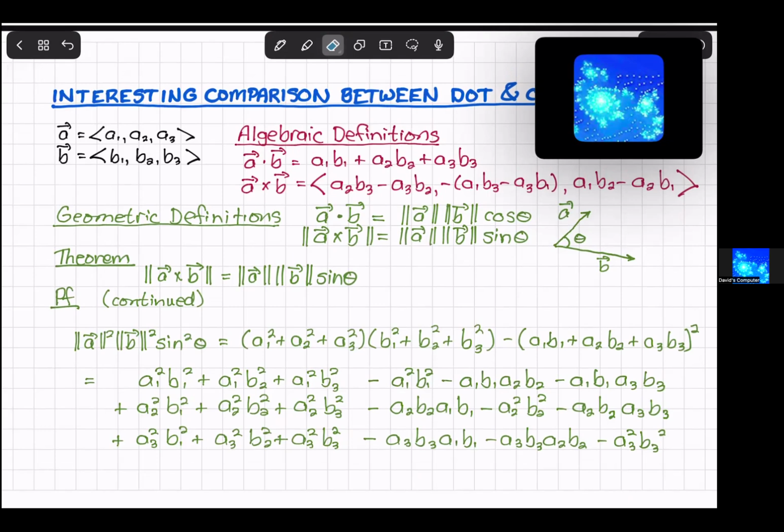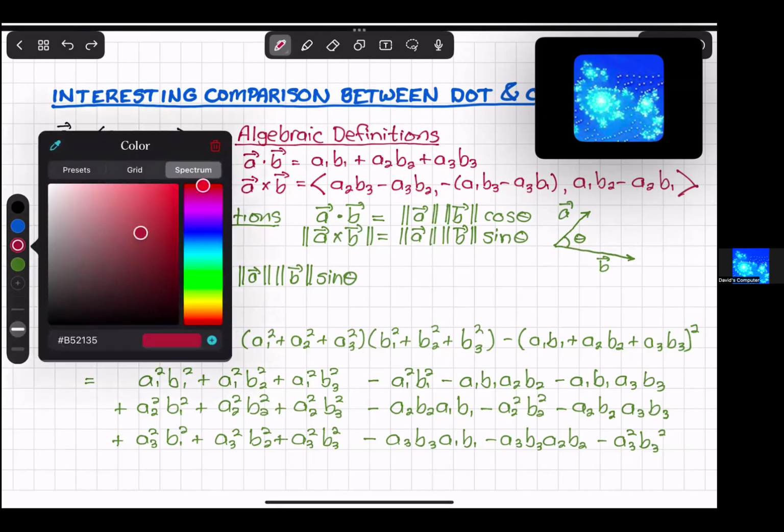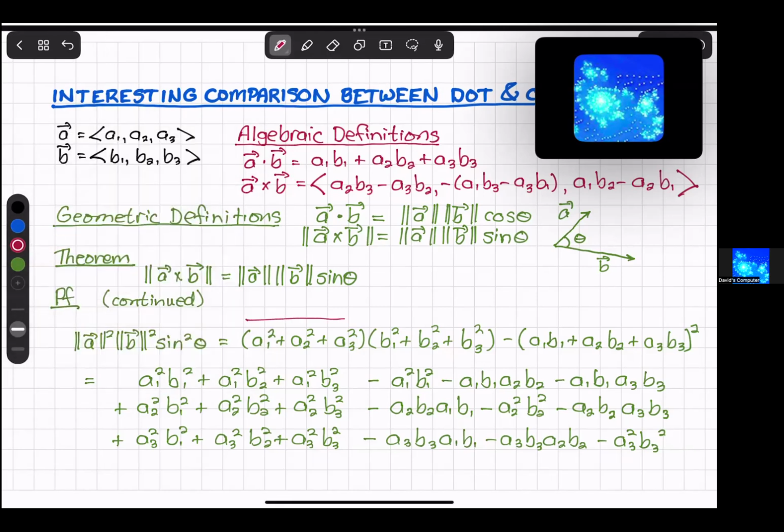A nice way to organize things is in a table. So when I distribute the first product of 3 terms times 3 terms, I'm going to create these 9 terms here. You can examine them and make sure that I've accounted for everything.